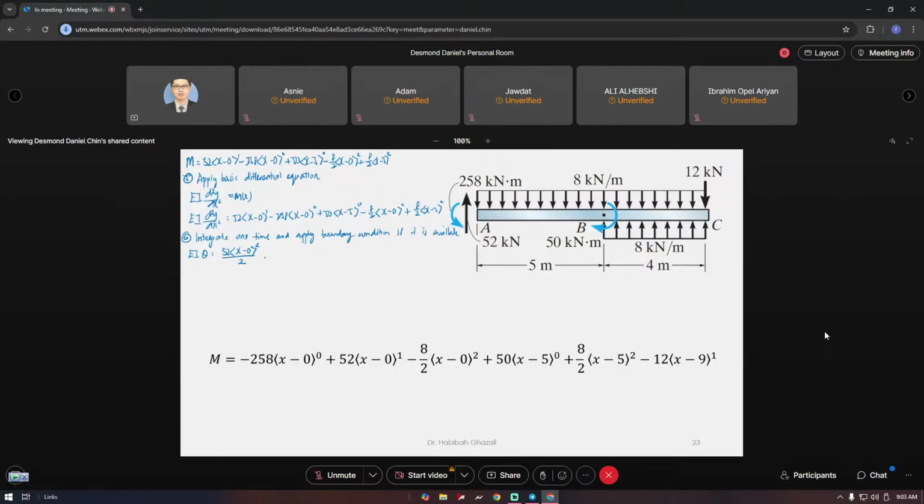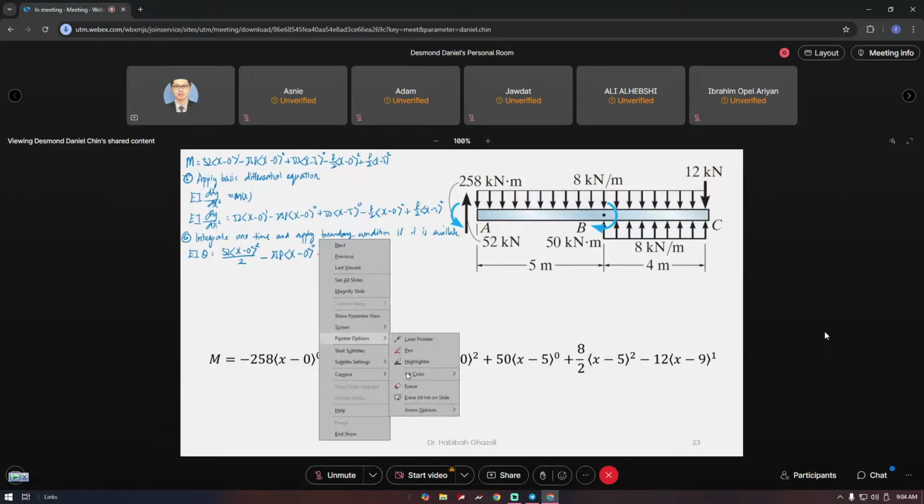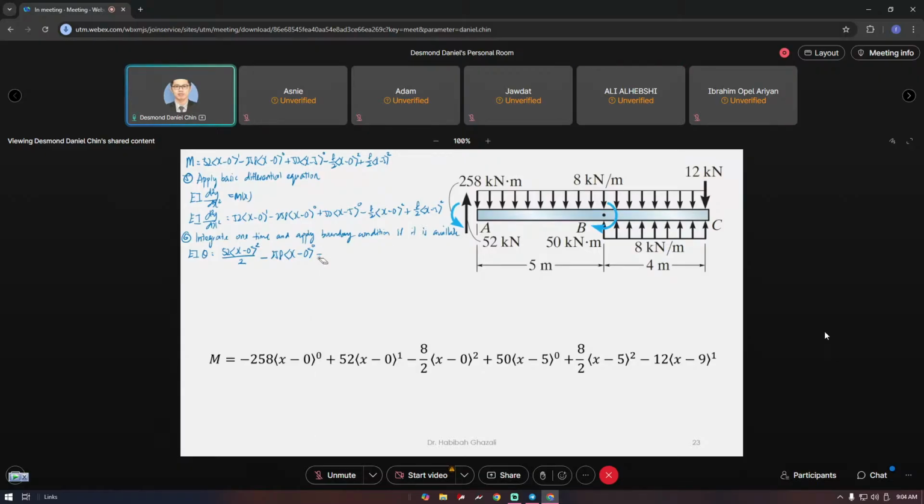Yes. Minus, okay, actually, inside this bracket, it's okay, never mind. I don't want to make you confused. So this leave it be. I think this is better, because you are not familiar yet. So this one will become 258 x minus 0 power 1, sorry, because you have to integrate it.